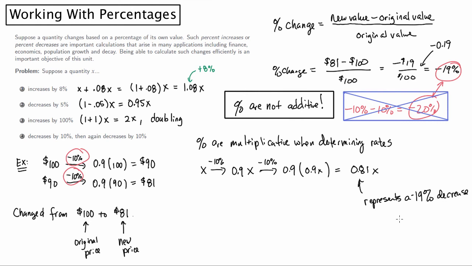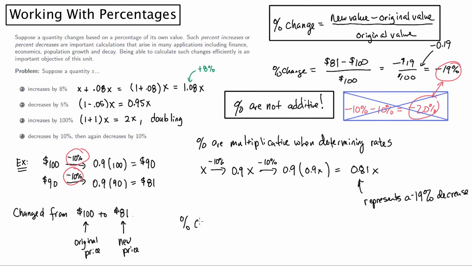It gives me the exact same thing as the percent change formula up here gives me, without having to resort to any specific value. I just used x as this unknown quantity. And if I wanted to use the percent change formula here, then I could just look at, okay, my new value is 0.81x.